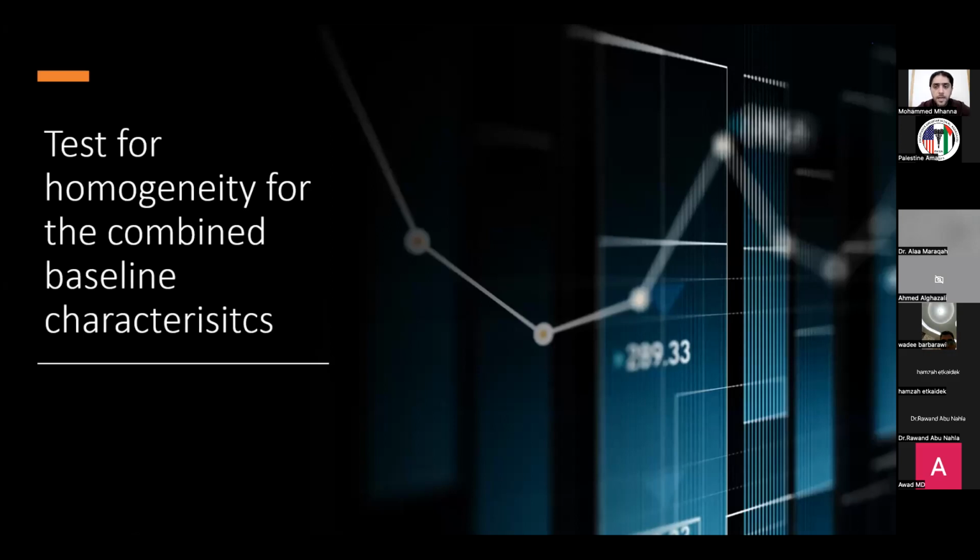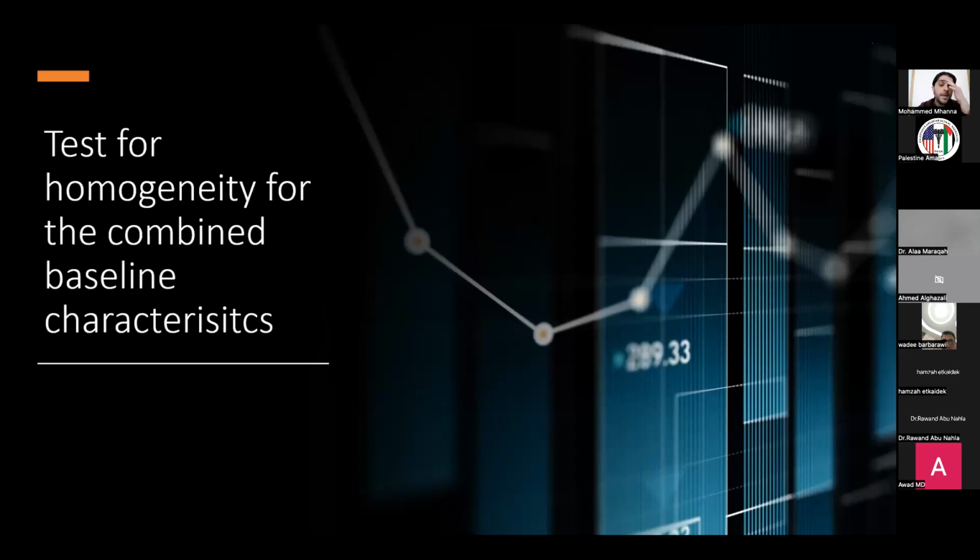Okay, so as we said, now we have our numbers for each baseline characteristic. You have the mean and standard deviation for the age, for example, for the TH group, and the numbers in the standard of care group.